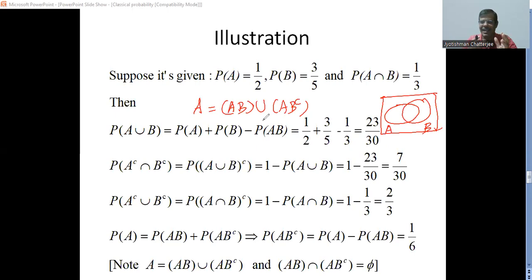Okay. And in order to establish that identity, what you are feeling intuitively to be correct, you need to show two things. First of all, any element on the left-hand side should also belong to the right-hand side, and any element on the right-hand side also should belong to the left-hand side.